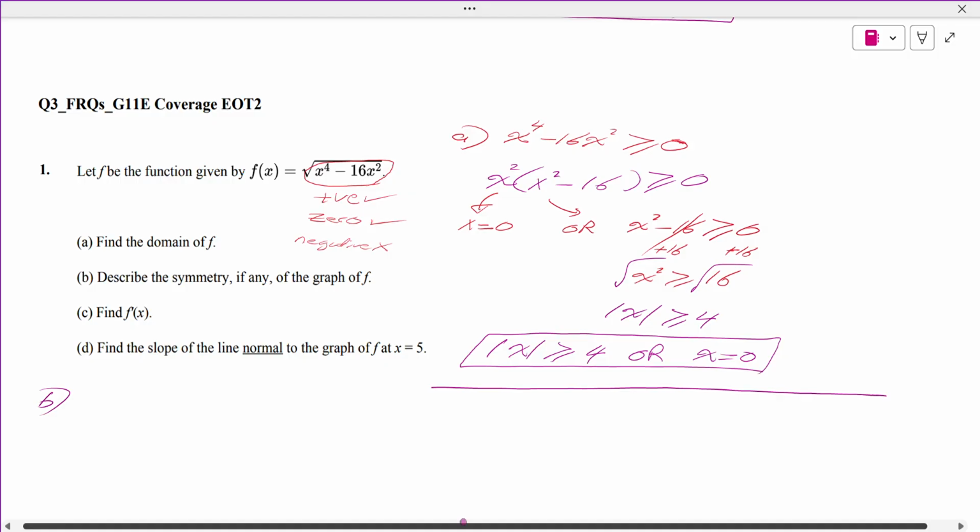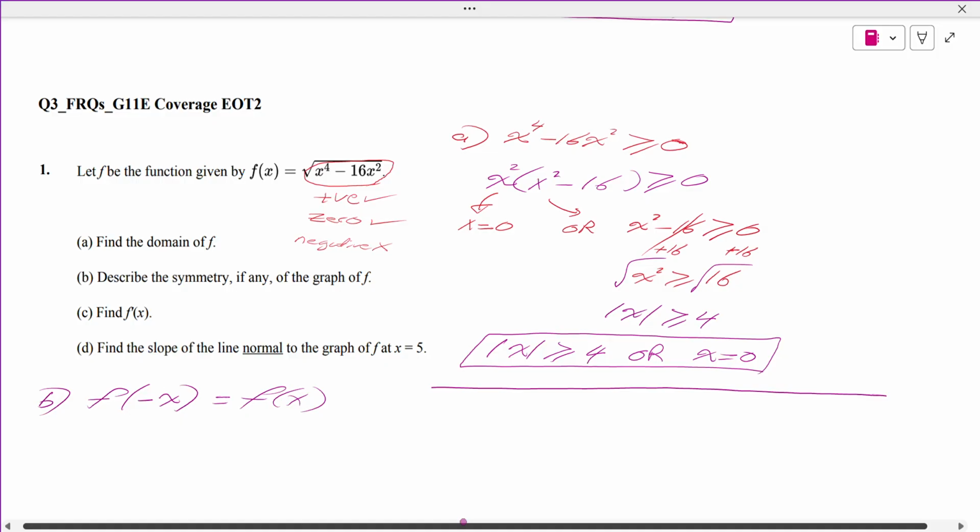And how do we check? We check if f of minus x is the same as f of x. So if f of minus x is the same as f of x, that means the function is symmetrical with respect to the y-axis.